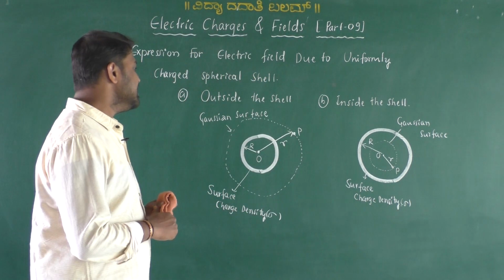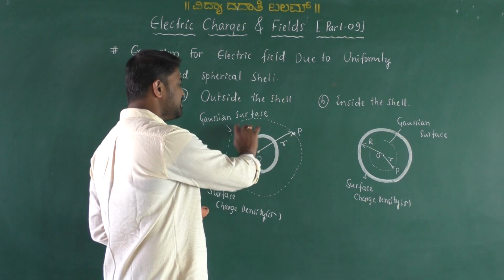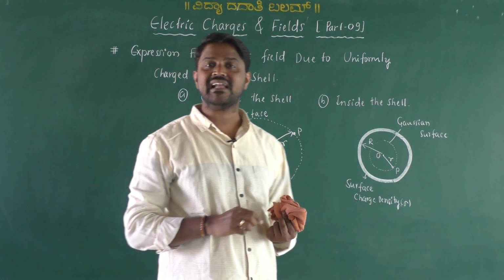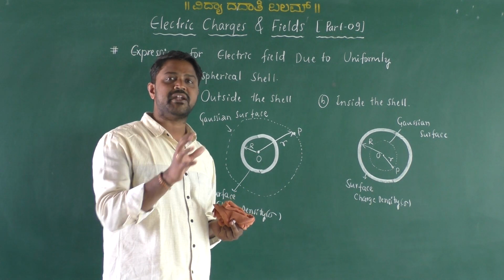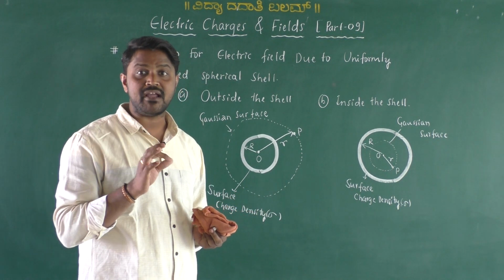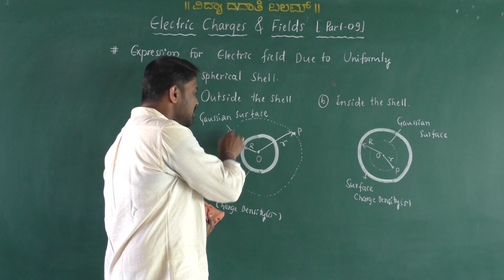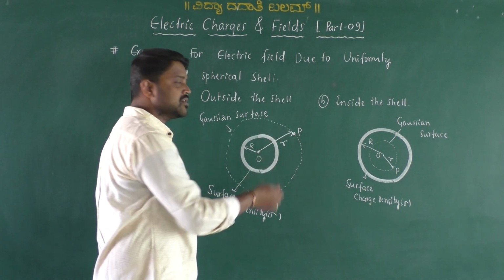So let us consider a point P, which is going to be called the Gaussian surface, because of the symmetry or surfaces, whatever the dimensions followed by Gauss Law. So for that reason this is called the Gaussian surface.